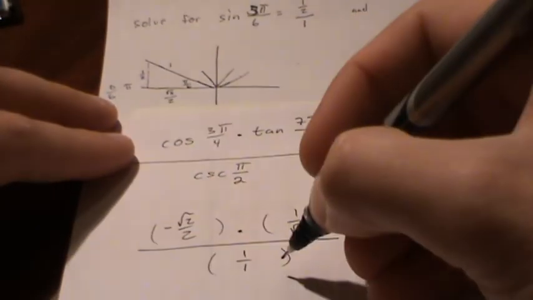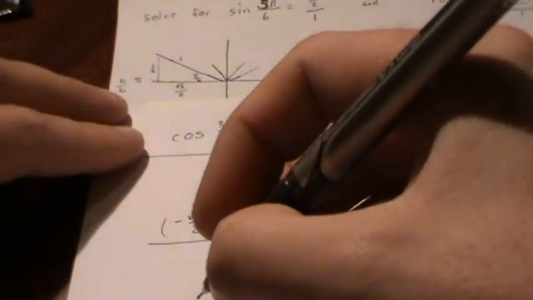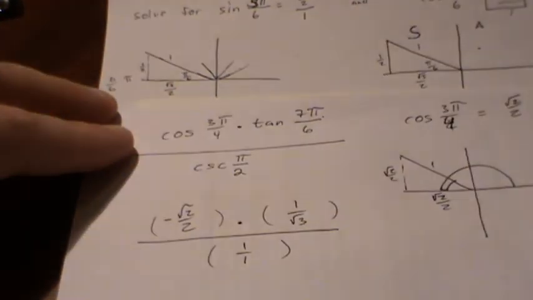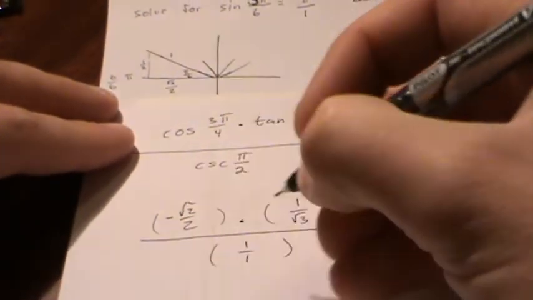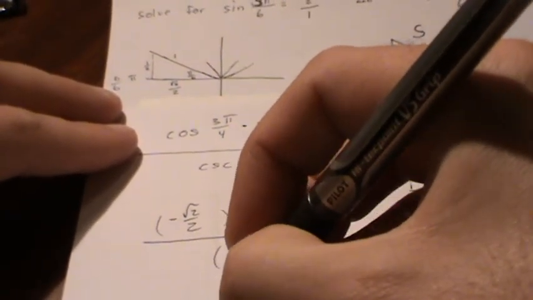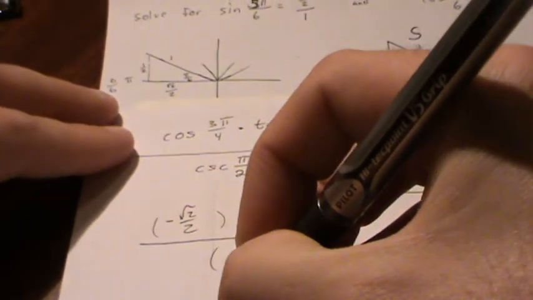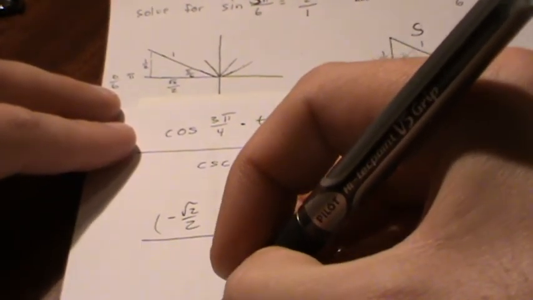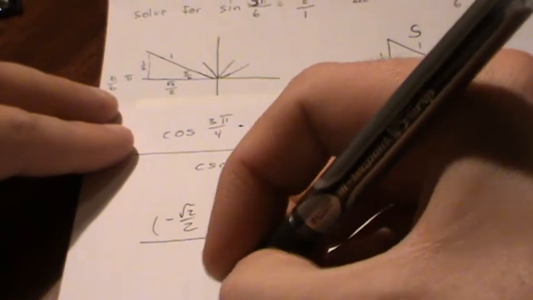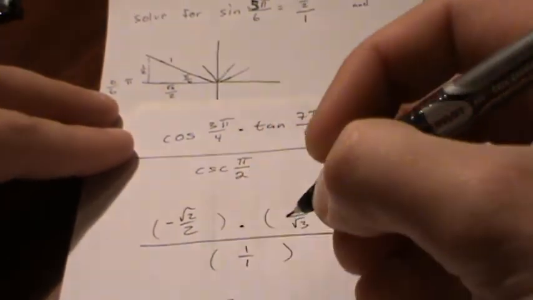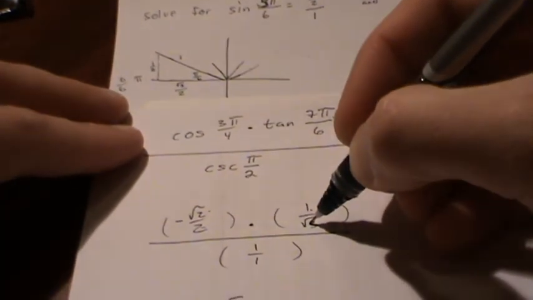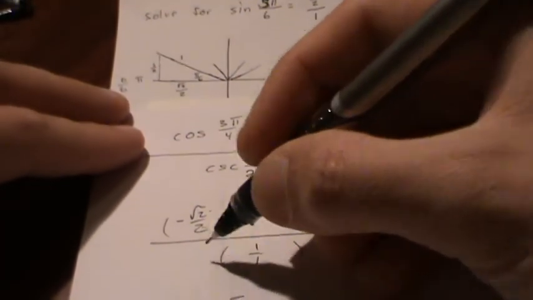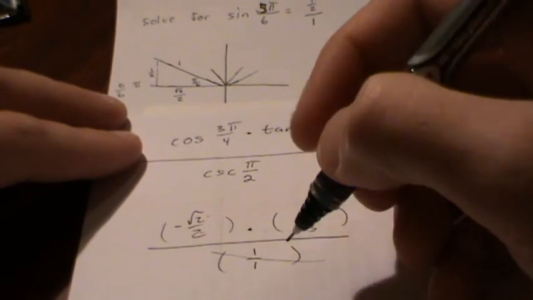Now I just have to multiply this out and do a little bit of division. And so, I have a negative square root of 2 over 2 square root of 3. Just multiplied the tops and the bottoms, and then it's divided by 1, so this just cancels out.